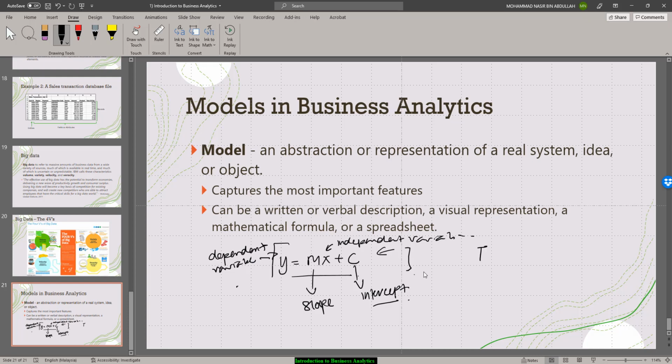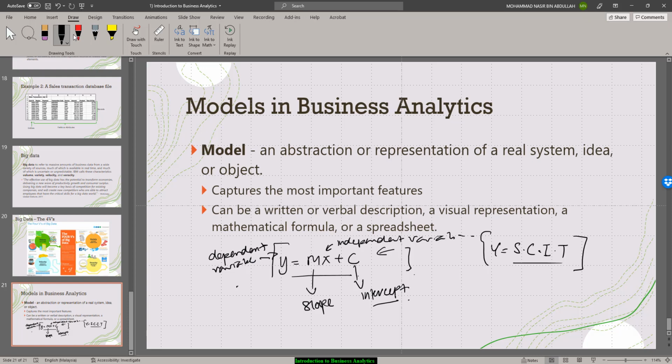Another one, in chapter 7: y equals seasonal multiplied by cyclical multiplied by irregular multiplied by trend. These are some of the mathematical models that we will try to build.